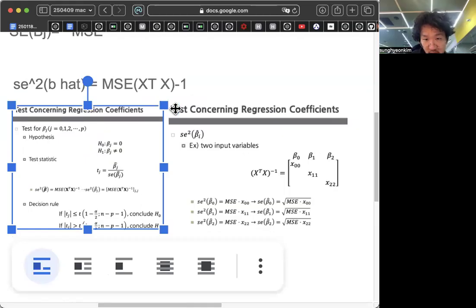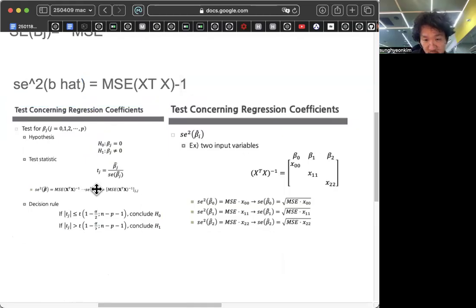This one you can calculate by multiplying MSE with the (X transpose X) inverse matrix.